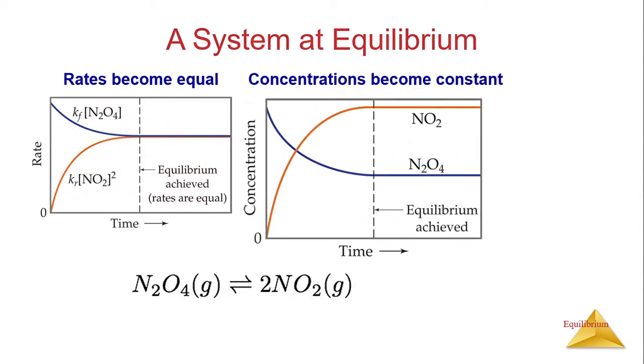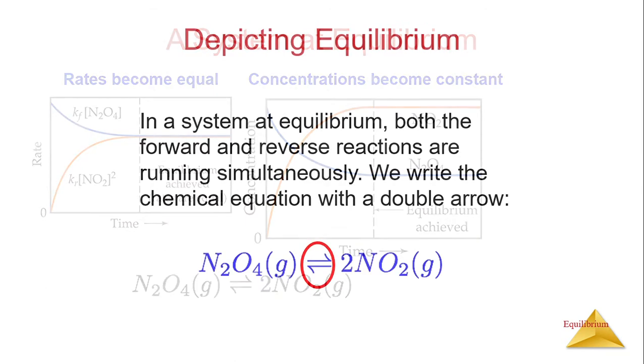So again, tatandaan, a system at equilibrium, their rates are equal and their concentrations are constant. Okay? Yung bilis ng forward at saka ng backward reaction ay magkapareho na. Kaya yung concentration ngayon ng reactants at saka ng product at equilibrium ay constant o hindi na nagbabago.